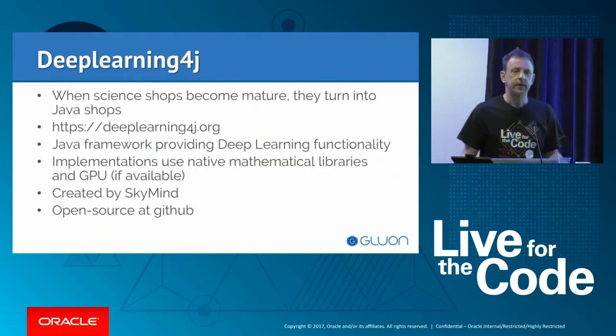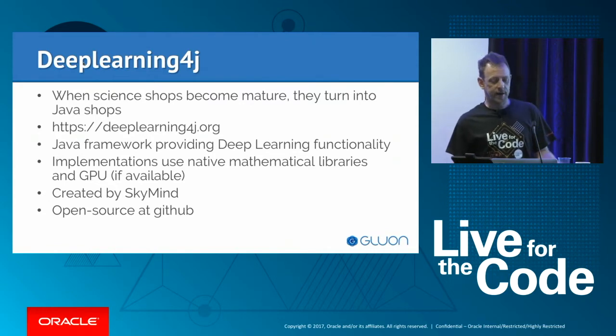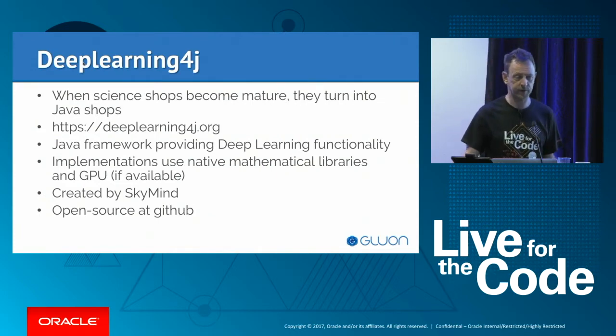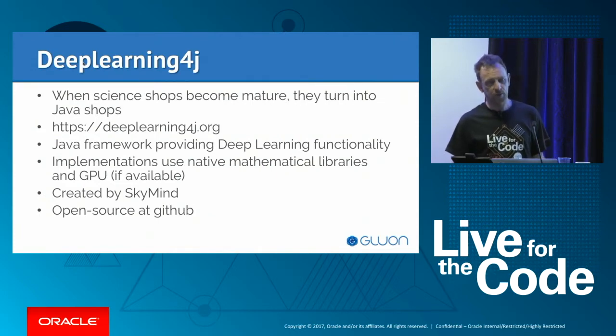So deep learning and actually many data science applications in general are often written not in Java, but in Python, in R, or in specific DSLs, MATLAB, for example. And one of the ideas that I sort of stole from James Governor from Redmonk is that when web shops grow up, they become Java shops.